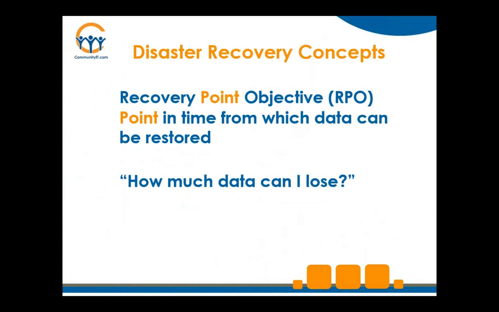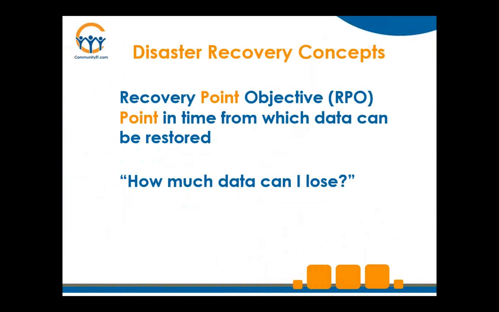So there are a couple of metrics that often get thrown around whenever you're talking about building these plans. The recovery point objective, often shortened as RPO, is the point in time from which data can be restored. So basically you're going to ask the question, how much data can I afford to lose? For transactional systems, could you lose 4 hours' worth of data entry? Could you lose 8 hours' worth of data entry?